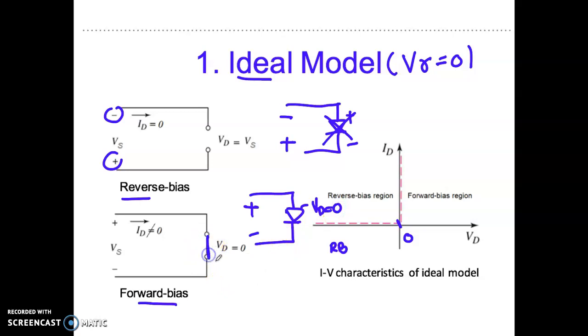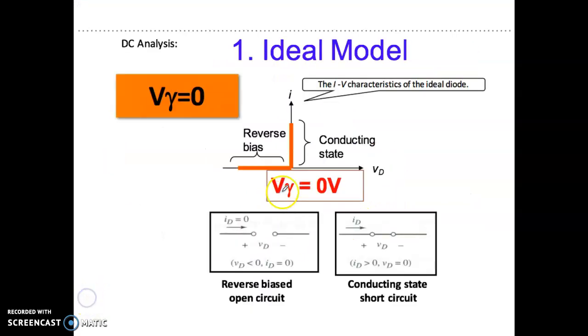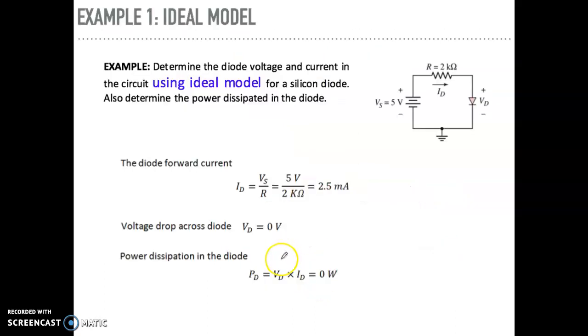It will be a short circuit here. We can see in the ideal model, it is directly a short circuit, meaning your V gamma is equal to 0. So this will be forward bias. What happens at the reverse bias? It will be an open circuit and you don't have any voltage here.